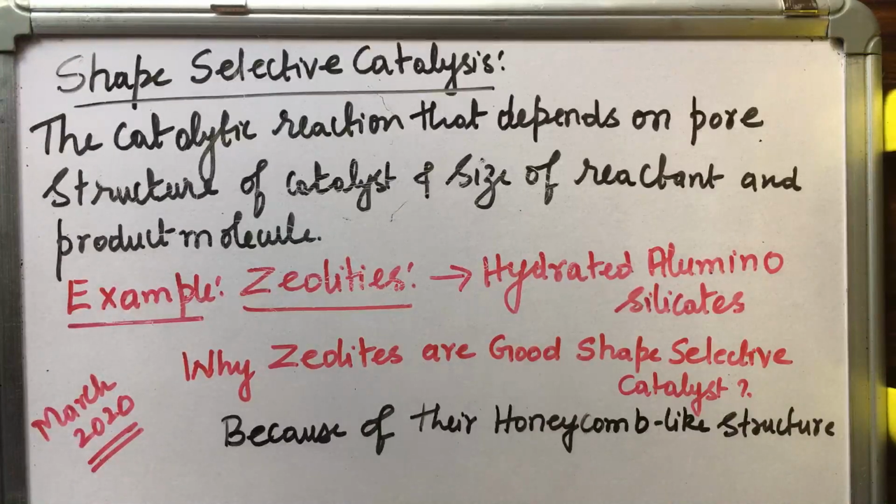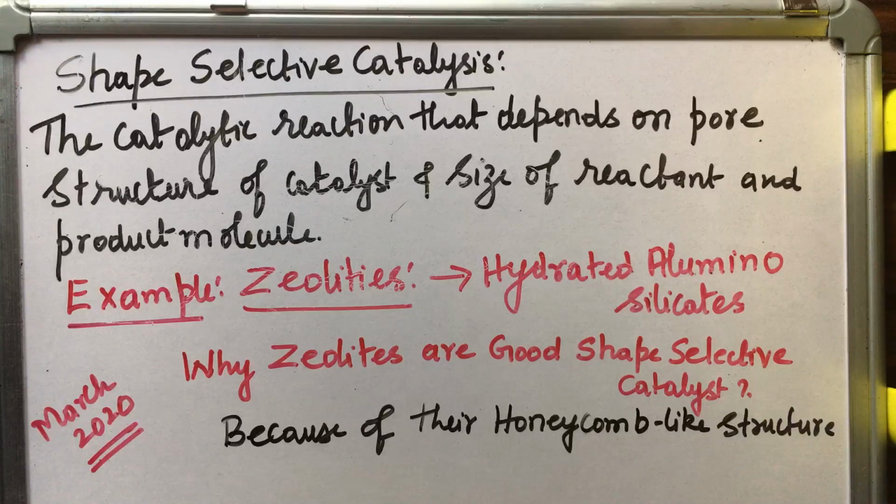So this was asked in the annual examination of this year. You need to remember why zeolites are good shape selective catalysts: because of their honeycomb like structure. The alternate answer that can be given is that they are microporous aluminosilicates with a three-dimensional network of silicates. So that can also be given as the statement.